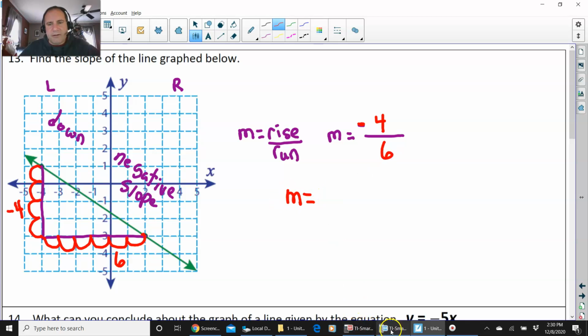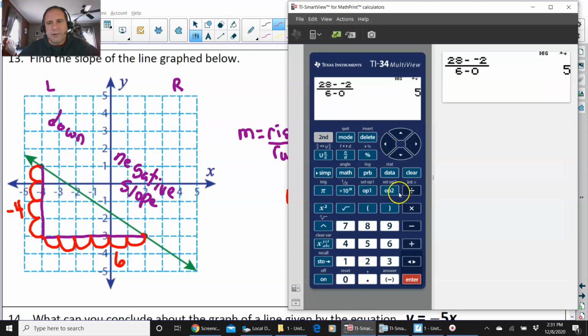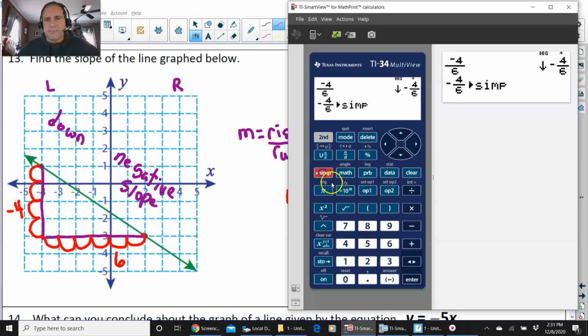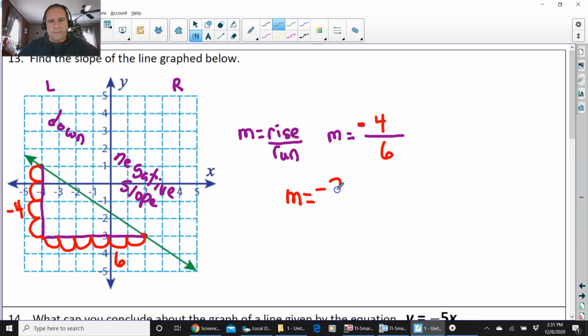If you take your calculator and put in -4 over 6 and press enter, it will give you the same thing back. But then you press the simplify button and press enter, and it's -2/3 as a final answer.